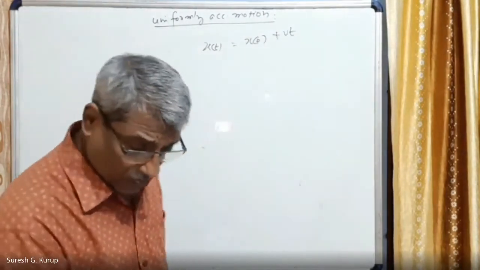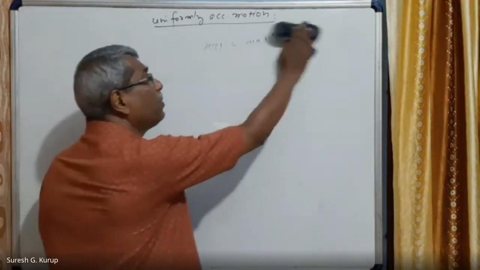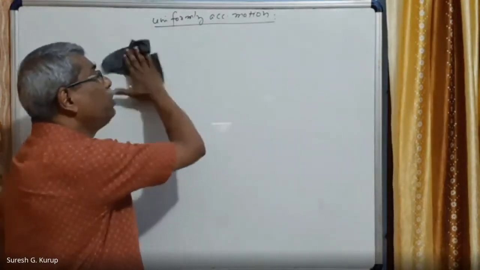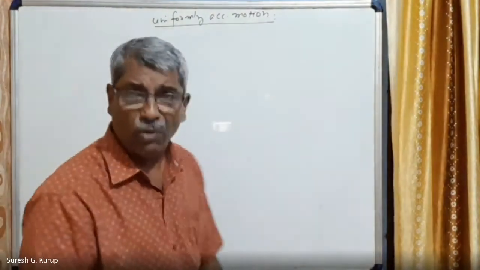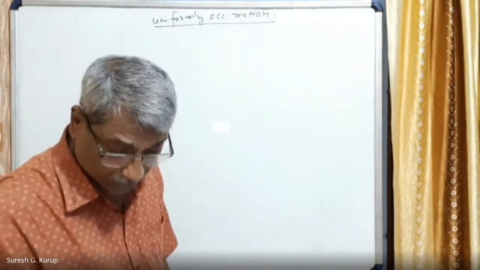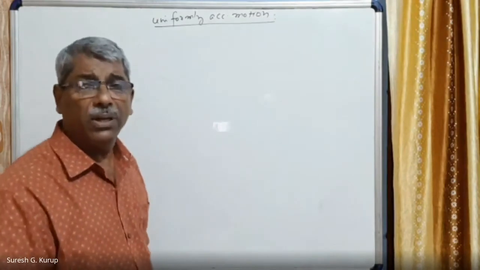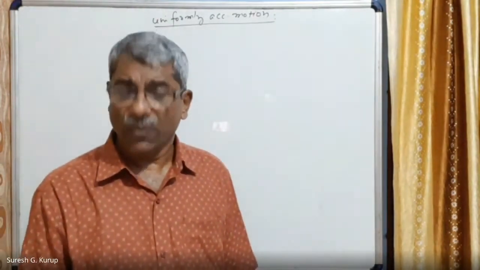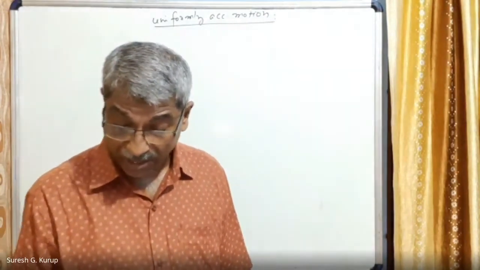So this is yesterday's portion. Already we have explained this one. Today we are explaining what uniform accelerated motion is. In uniform accelerated motion, I told you that acceleration always remains constant. There are many relations there. One relation is v is equal to u plus at. Another relation is v square is equal to u square plus 2as, right?